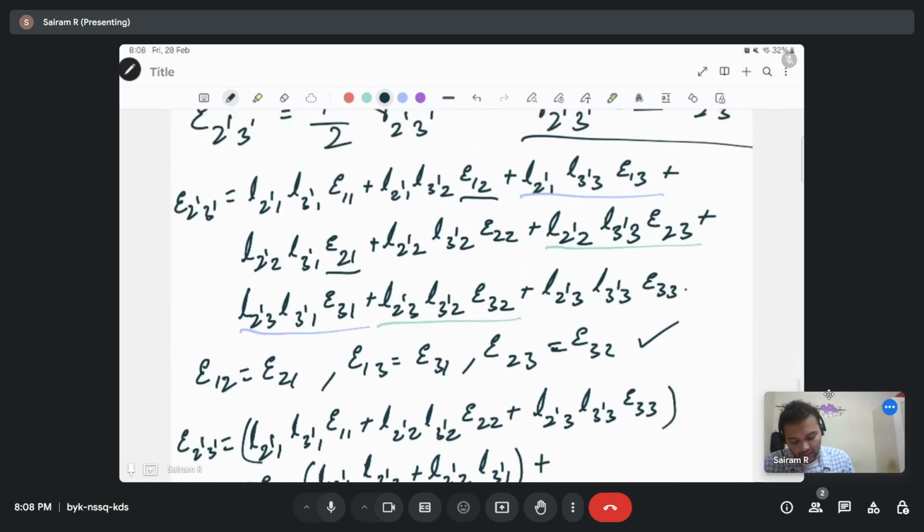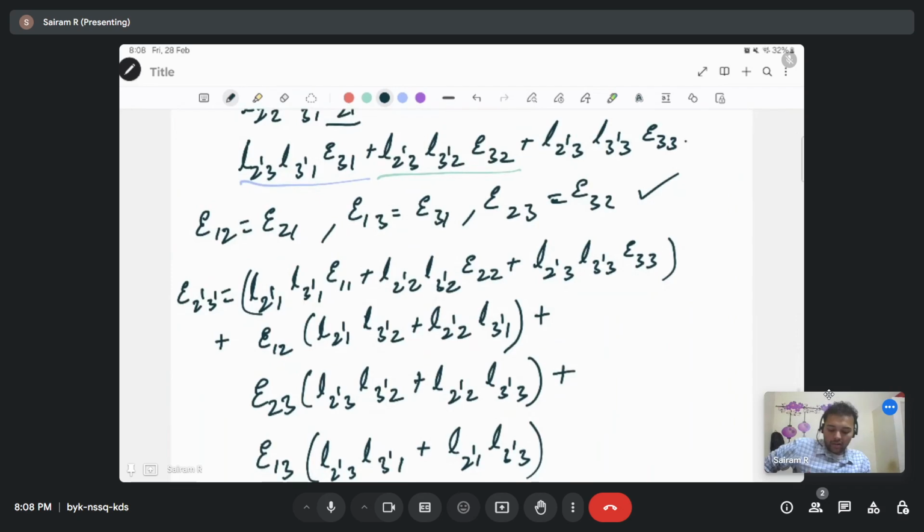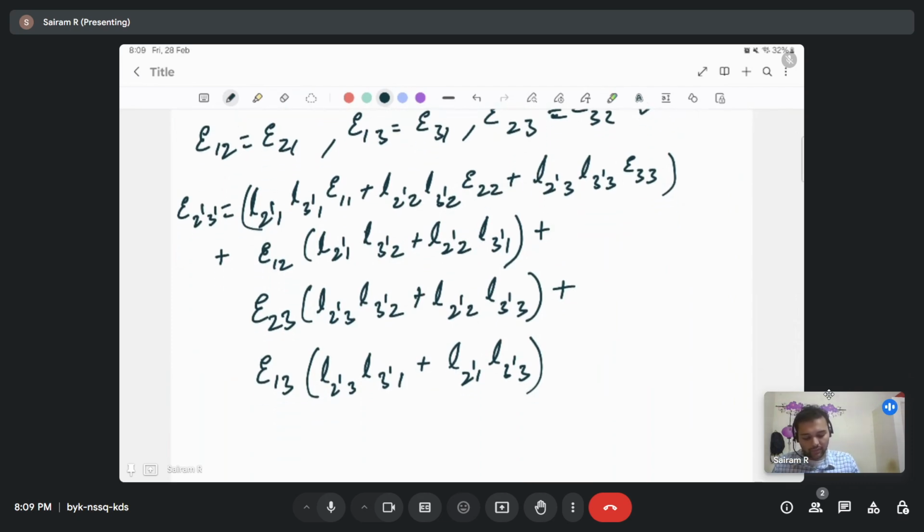So which is L2 prime 3, L3 prime 1 plus L2 prime 1, L3 prime 3, right? We have taken out these equations from here, from now.